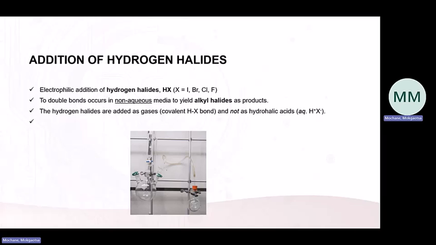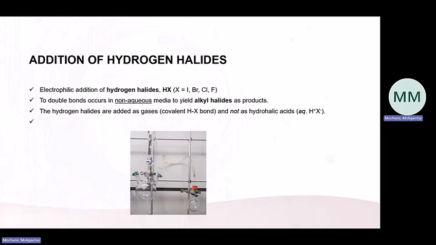Now, the product of this particular reaction is an alkyl halide. That is the product of this particular reaction. Remember, the previous reaction, which was the addition reaction of hydrogen, the product was an alkane, a single bond hydrocarbon.